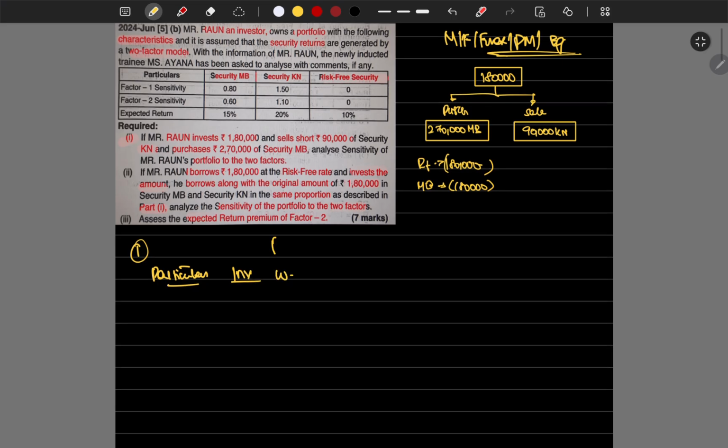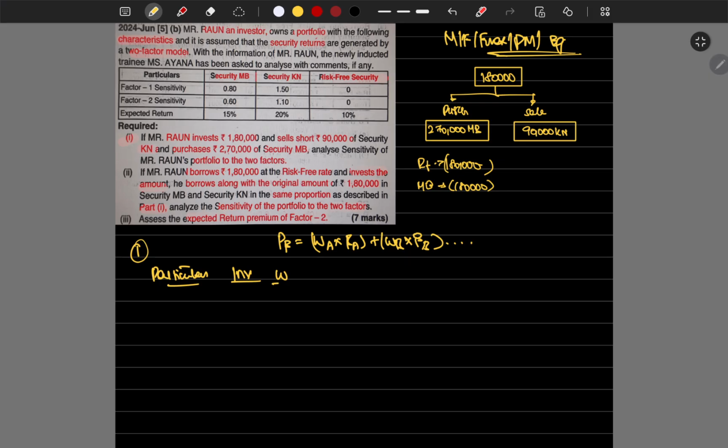The formula that works here is portfolio beta, which is nothing but weight of A into beta of A, plus weight of B into beta of B, and it goes on for however many securities are in the portfolio, with the weight each has in the portfolio.